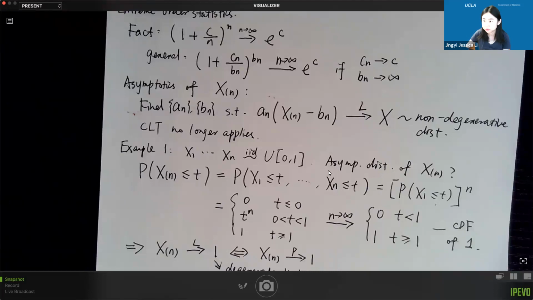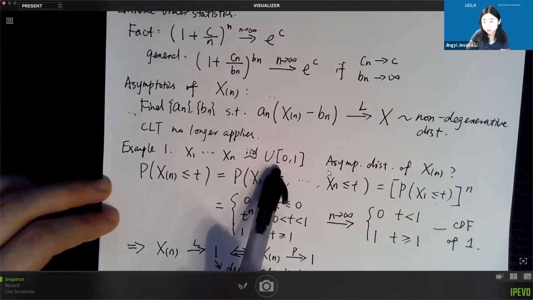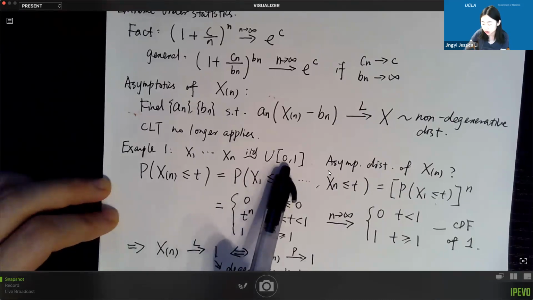Then you can convert the drawn sample to be coming from that given distribution. So we'll see that later. But this is the reason why if we can deal with this uniform distribution, it becomes a lot easier.